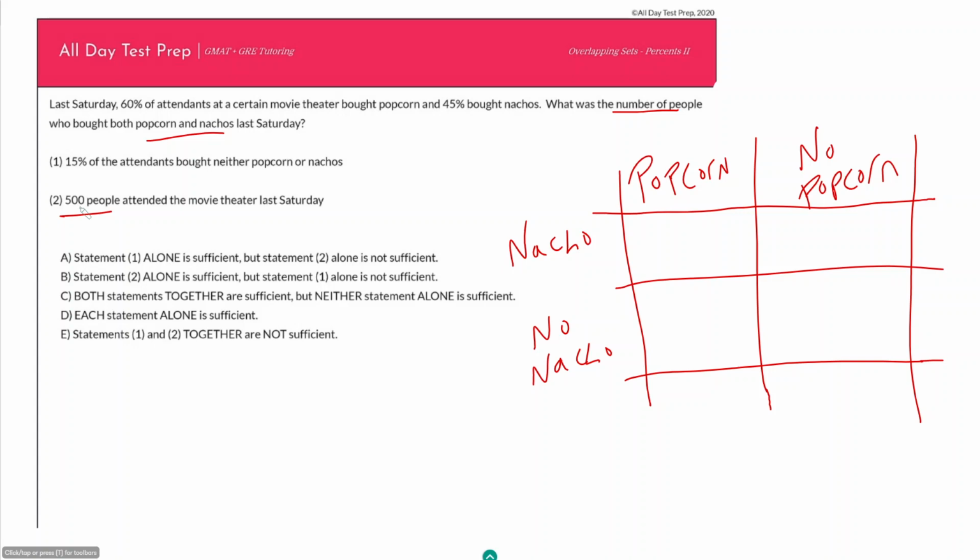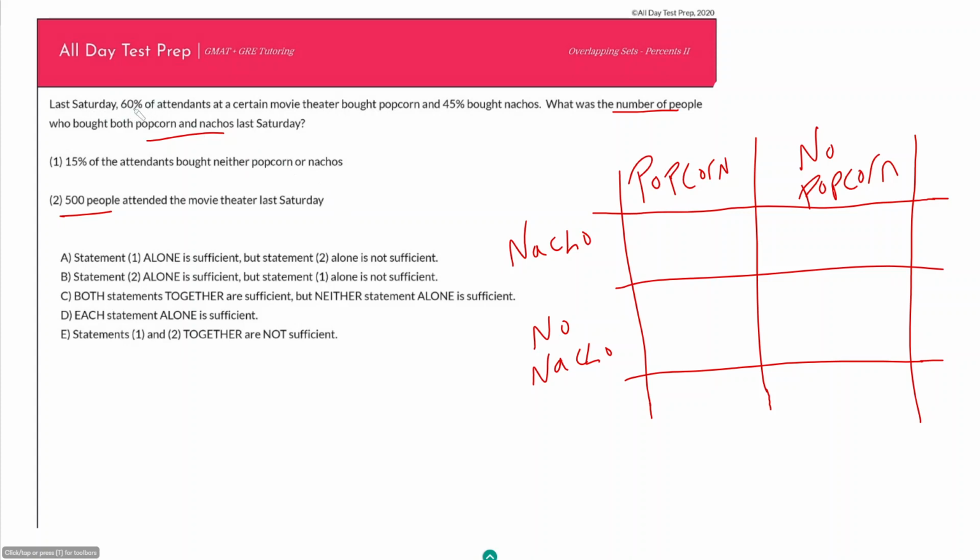And so because of this, we are going to have to make accurate translations for each of our boxes. And you have to do this sometimes with these data sufficiency questions. You have to look ahead at the statements to make sure that they don't give you any discrete values, or in this case, that they do give you discrete values.